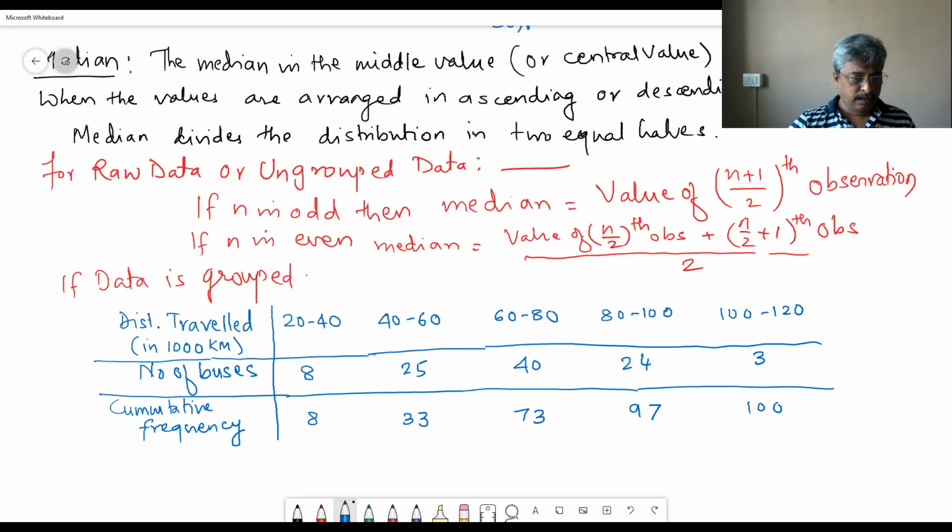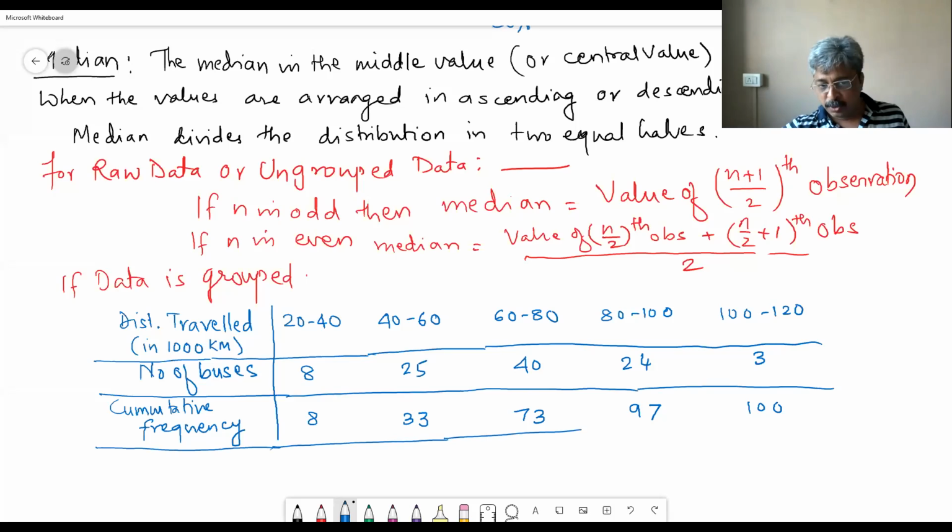The 8 who traveled 40 to 60 also need to be included. So this is less than 60,000 kilometers, this is less than 80,000 kilometers. So, cumulative frequency.